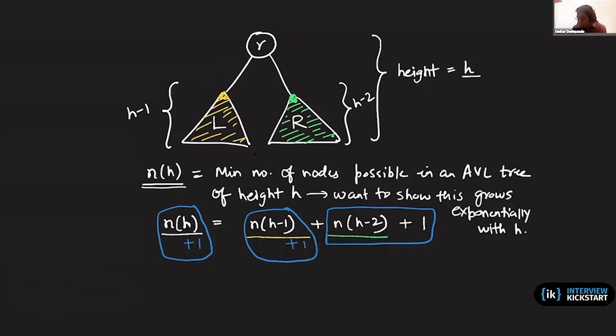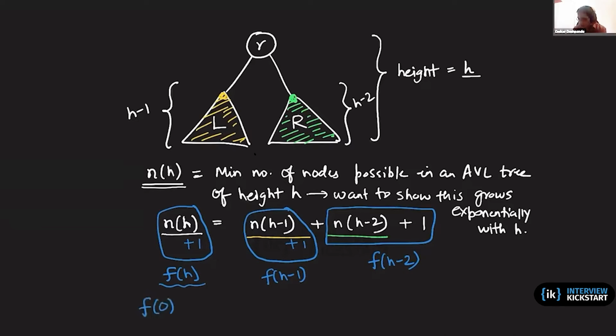So if I were to define this as some f of h, this would be f of h minus 1, this would be f of h minus 2. And I know that f of h here is the hth Fibonacci number. Well, actually it depends on the base case, but at least the sequence is going to be Fibonacci in nature. We don't know what the base case is.